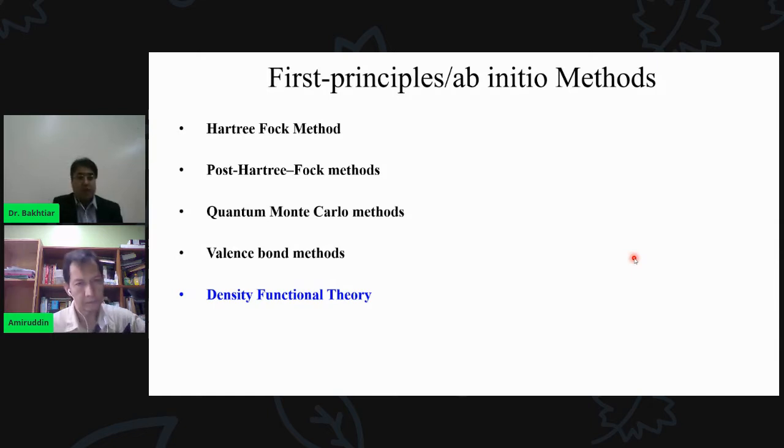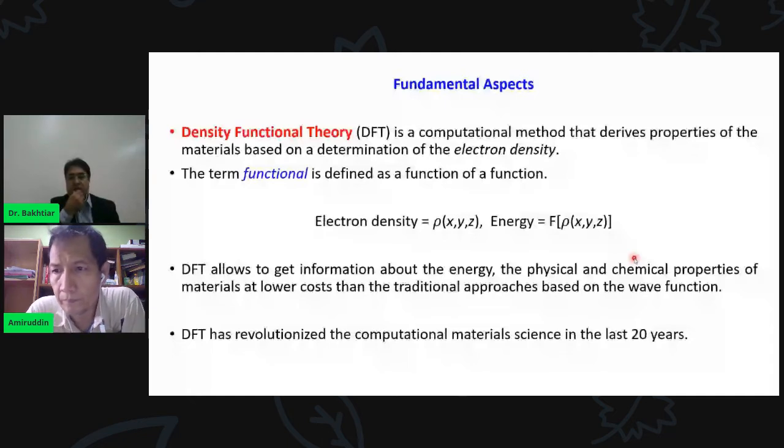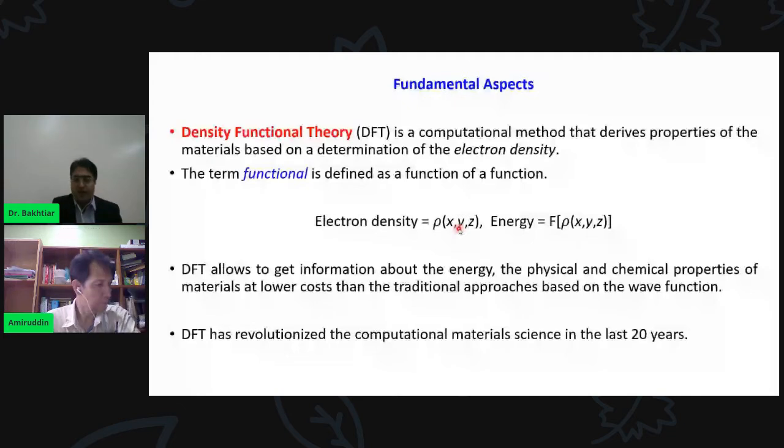The fundamental aspect of the density functional theory is that it is a computational method that derives the physical properties of the material based on determination of the electron density. The term functional within density functional theory is defined as a function of a function. We have the electron density, which is a function of the x, y, and z coordinates, the Cartesian coordinates. And then the energy is a function of density.